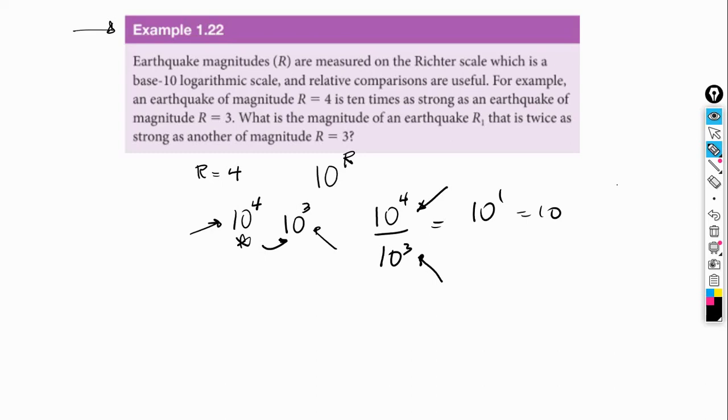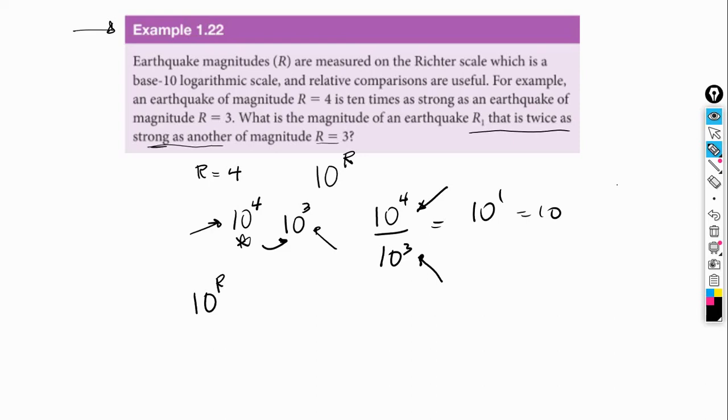The question in the example is, what is the magnitude of an earthquake R1 that is twice as strong as another of magnitude equal to R equals 3? So an earthquake with a magnitude of R1, that would be 10 to the power of R1.